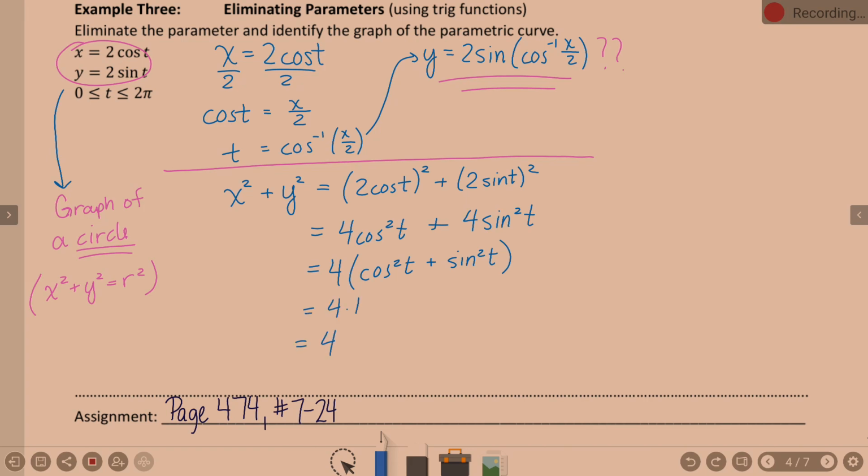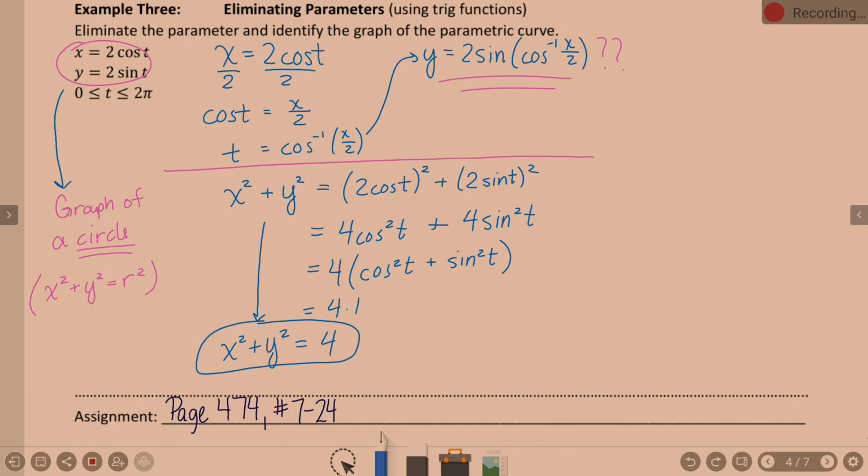Now, that's 4 on the right side. What was the left side of this originally? x squared plus y squared. That's what we just found. So the equation of our circle is x squared plus y squared equals 4. Okay.